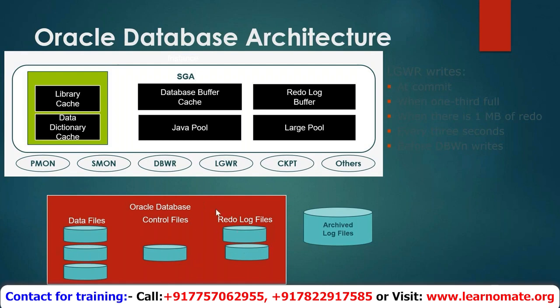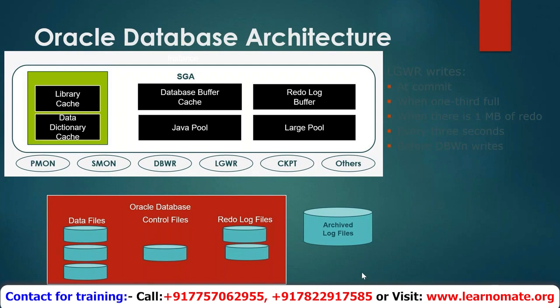Then the redo log files are backed up at the OS level. The backup of redo log files is called archive log files. So once the backup of a redo log file is taken on disk, it is called an archive log file.